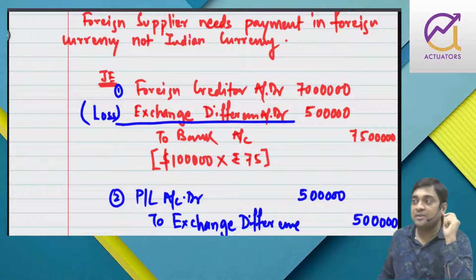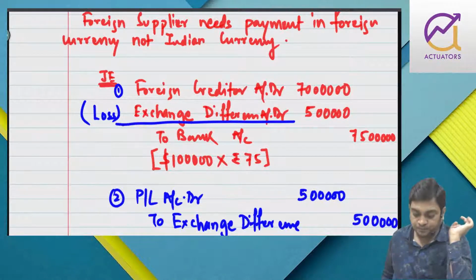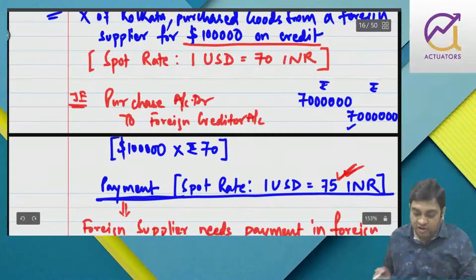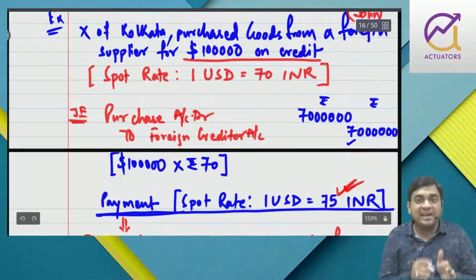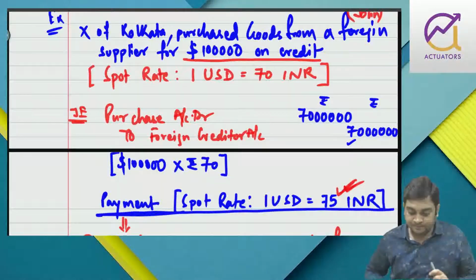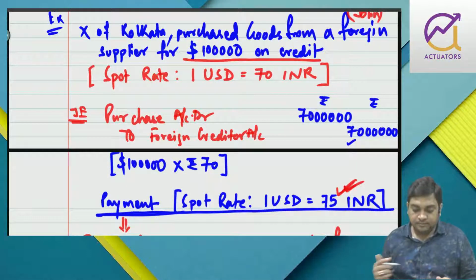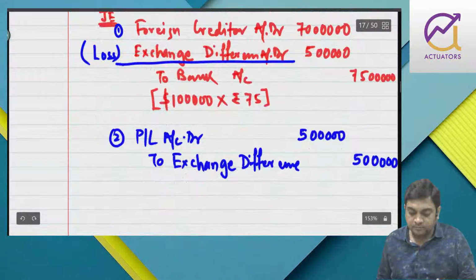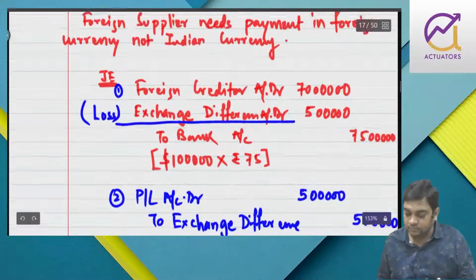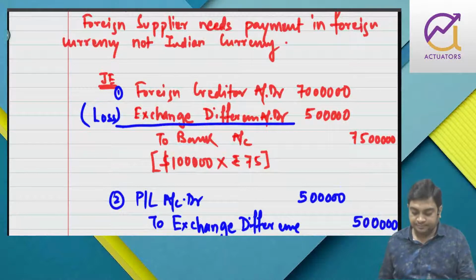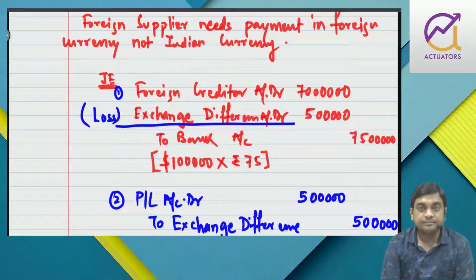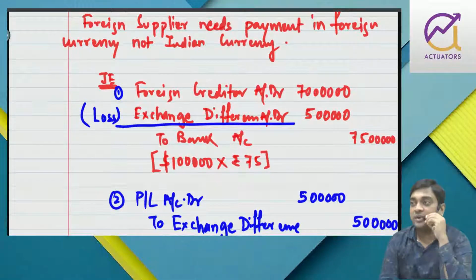I guess it's absolutely fine with all of you. So this is known as initial recognition, which will be done using today's exchange rate, that is the spot rate. I guess this is absolutely fine.